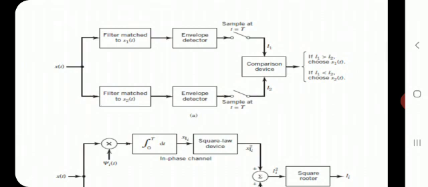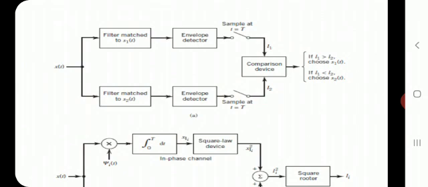The receiver of figure A has a symmetric structure, meaning that the probability of choosing S2 of t given that S1 of t was transmitted is the same as the probability of choosing S1 of t given that S2 of t was transmitted. This is the probability of error you may consider here. If S1 is transmitted, the receiver may wrongly select S2 as the received signal, and vice versa.